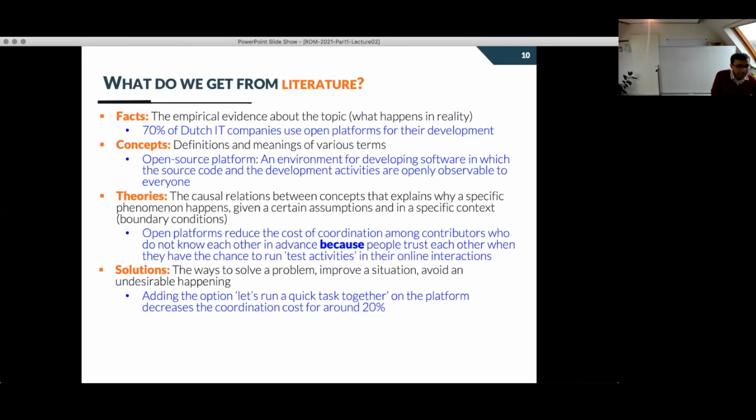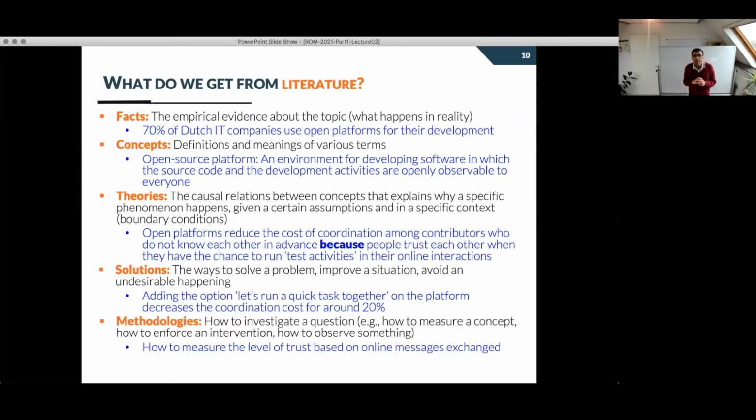And finally, and actually very important for your thesis process, are method inputs. How did they actually measure trust of the users on the platform? How did they measure the collaboration? How did they actually identify the dynamics of the platform?